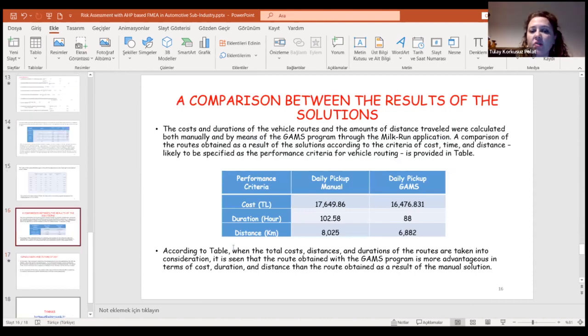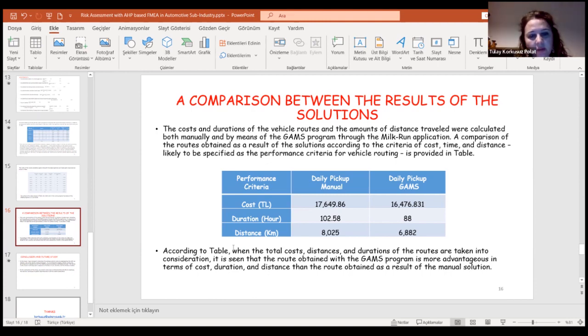The cost and durations of the vehicle routes and the amounts of the distance traveled were calculated both manually and by means of the GAMS program through the Migran application. A comparison of the routes obtained as a result of the solutions according to the criteria of cost, time, and distance, likely to be specified as the performance criteria for vehicle routing, is provided in the table.